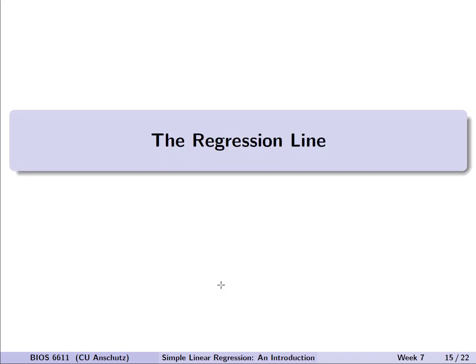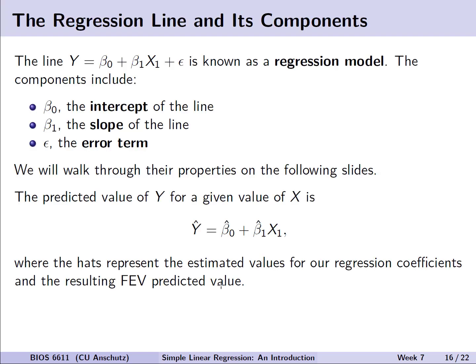So what is that equation actually representing? Here we'll see the regression line. That general format is the regression model, and its components include beta naught, the intercept of the line, beta 1, the slope of the line we're going to fit, and epsilon, the error term. We'll walk through some of the considerations and properties on the following slides.